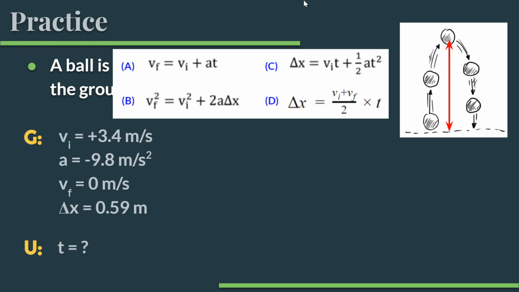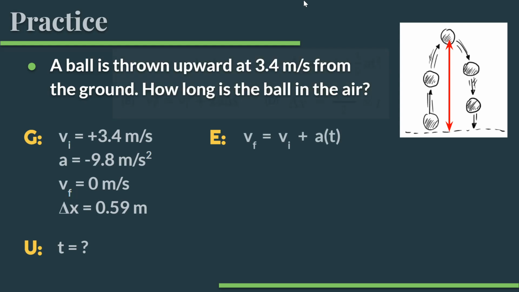If you try to solve for time with equation C, you will have to use the quadratic formula. I would recommend against that. You could if you want. I would use equation A or D, and personally I think A is easier, so that's what I'm going to use. So equation A looks like this.